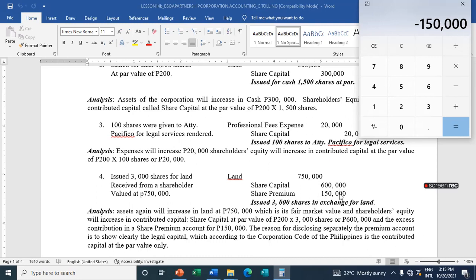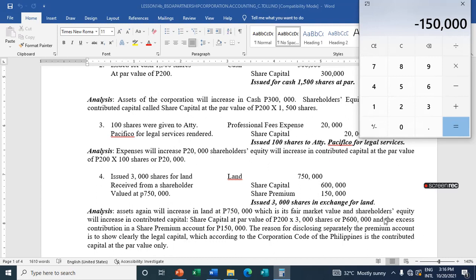This is what we call share premium, the amount in excess of the par value of the payment for the shares. So, 3,000 shares were issued in exchange for land. Assets will increase in land by 750,000, which is the fair market value.